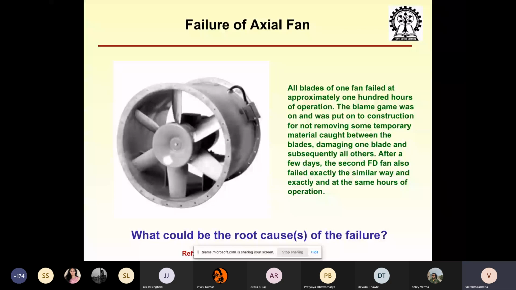So, one of the things that you have to keep in mind, anytime you have a dynamic system, a motor, an internal combustion engine, and parts are moving, is resonance.